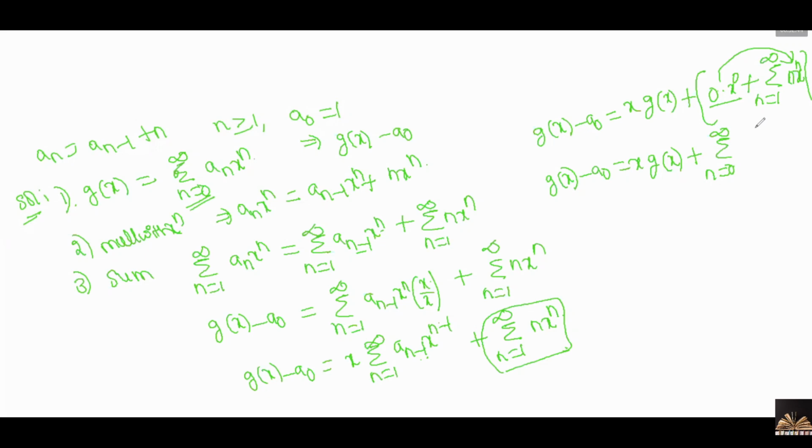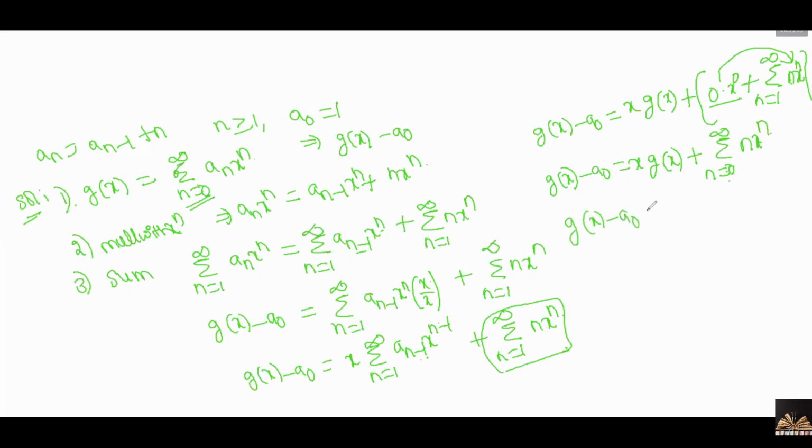Now you need to remember this formula. When you observe this, the summation limit changes from n is equal to 1 to n is equal to 0, and it is n into x power n. Now the formula for this is nC1.